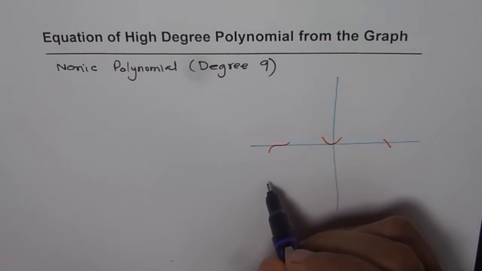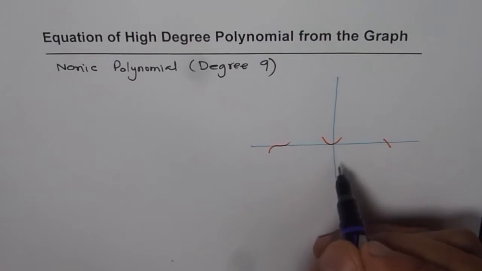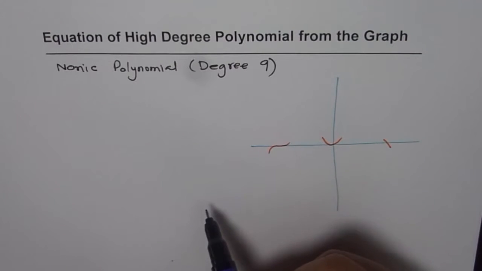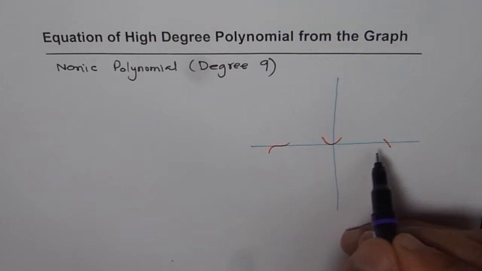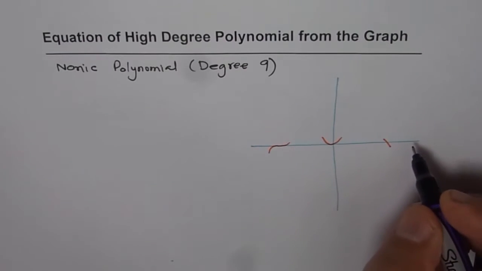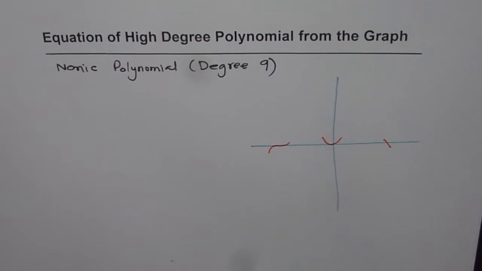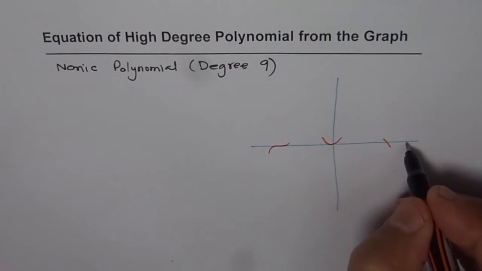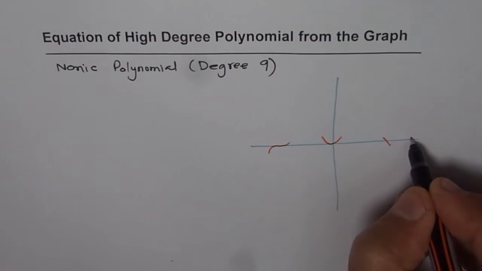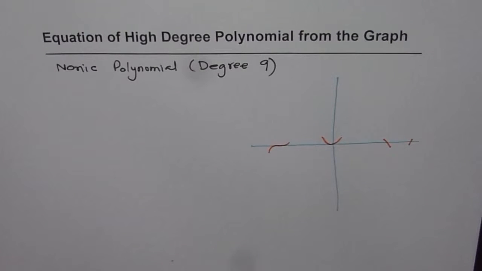Now if I do like this, it is not going to be a nonic polynomial, right? Since nonic is odd degree, if we start from here and end up in this place, then it has to be an even degree. So I have to introduce another zero here. So let me have another zero close by, which is again a linear zero.